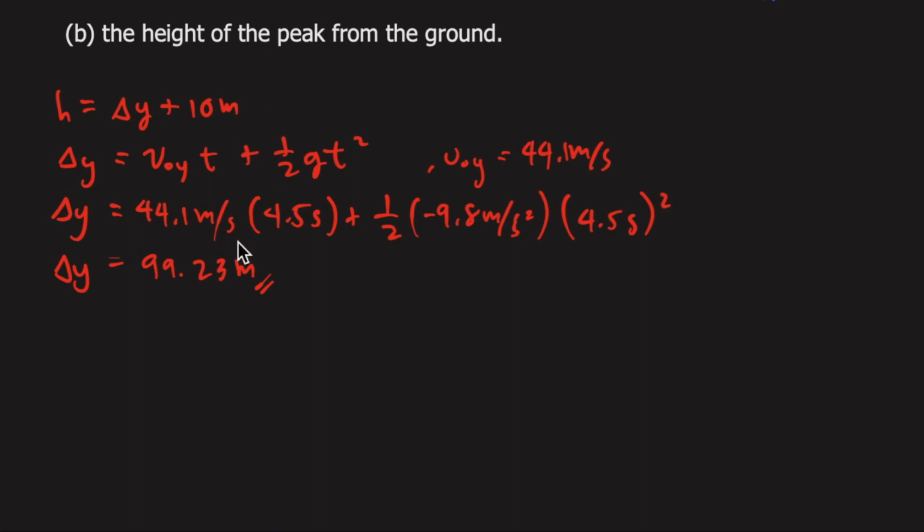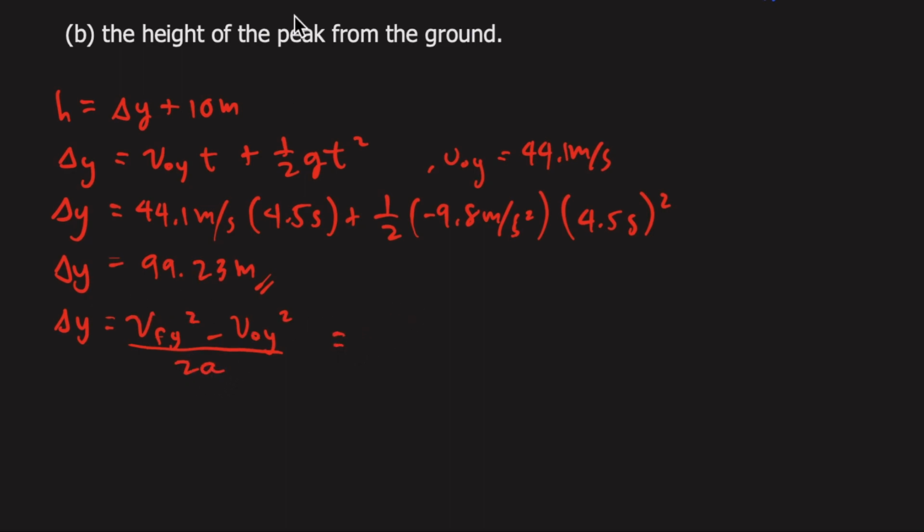Now let's try to use equation 3 to see if we will get the same answer. So delta y is equal to vfy squared minus v naught y squared divided by 2a.